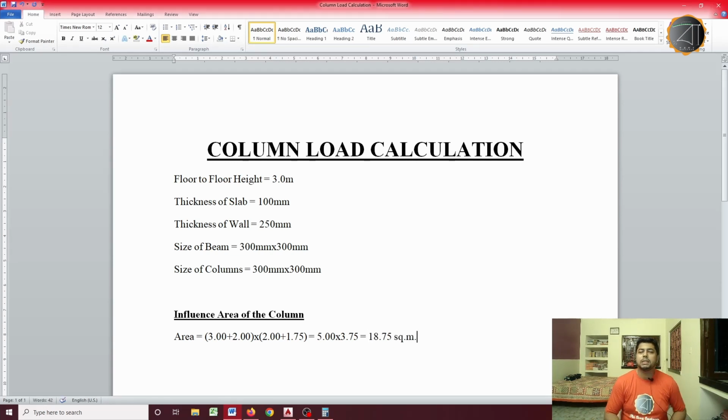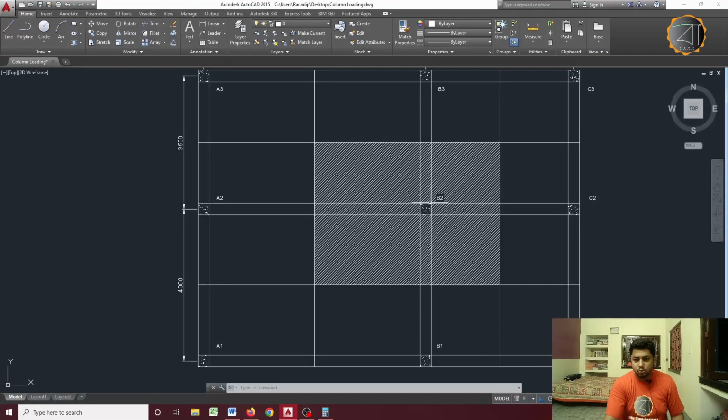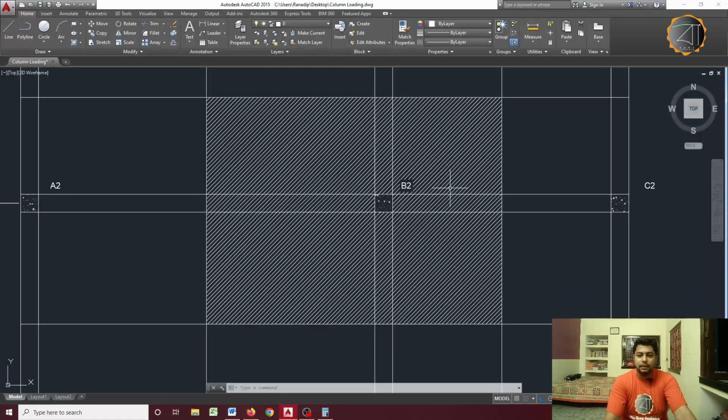So, this 18.75 square meter area is the influence area of the column, which one? B2. Okay. This B2 column will be having the load within this influence area. So, whatever load is coming in this influence area will influence the column B2.